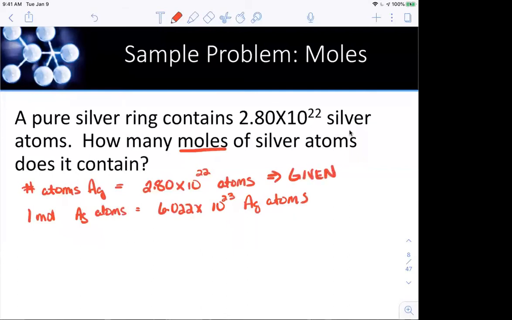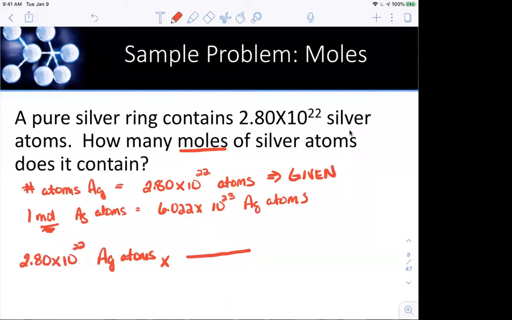This is what I am given. I want moles. So I start with what I'm given, 2.80 times 10 to the 22nd atoms. I could actually start getting used to putting exactly what I have, which is silver atoms. I'm going to use Avogadro's number as a conversion factor.